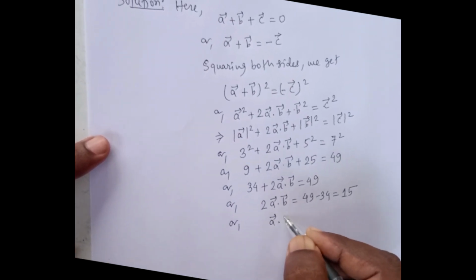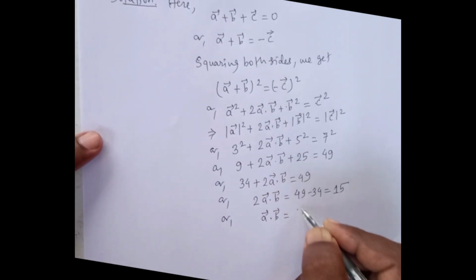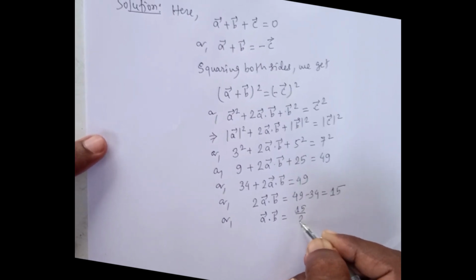A vector dot B vector is equal to 15 by 2.